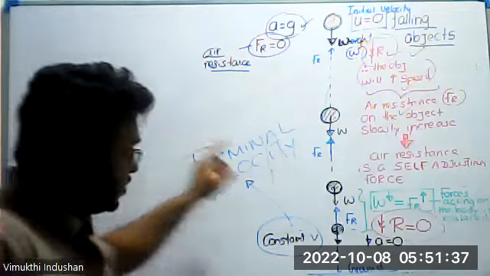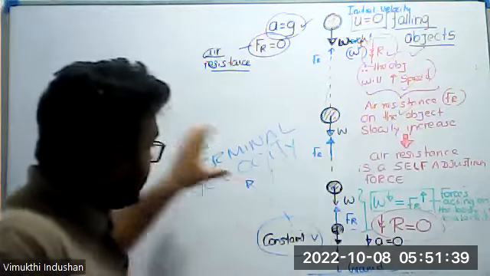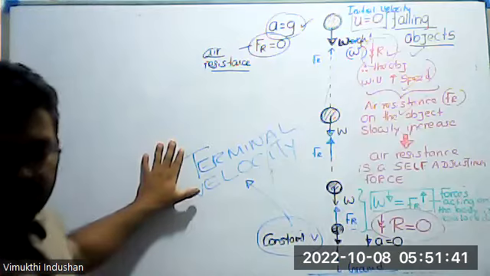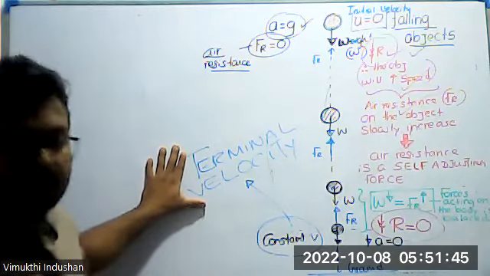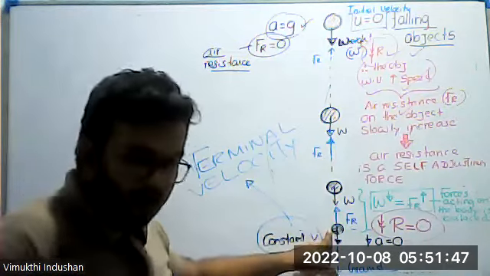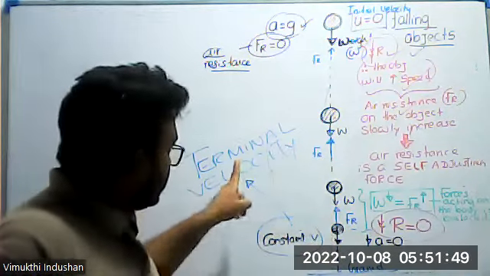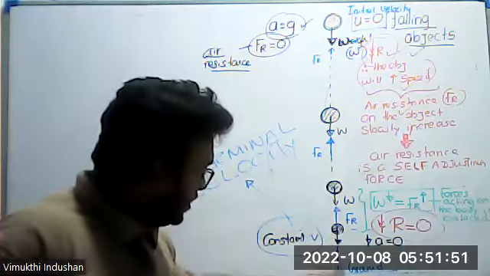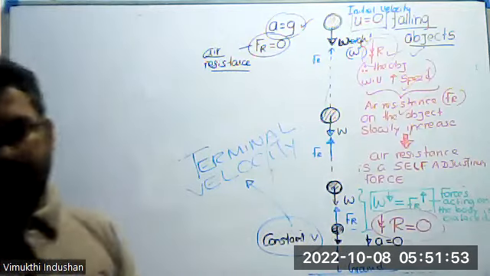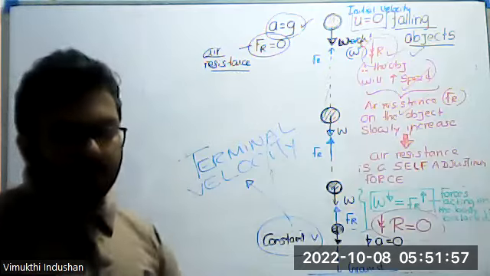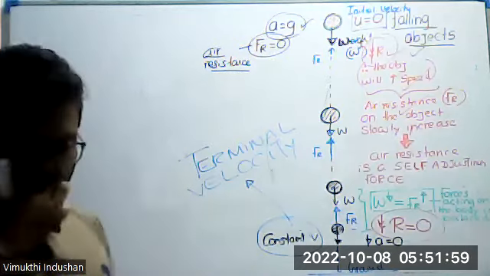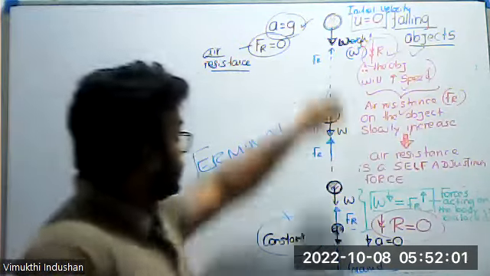This object will continue to fall at this terminal velocity until it reaches the ground. So this is what we understand as terminal velocity. Are we clear?